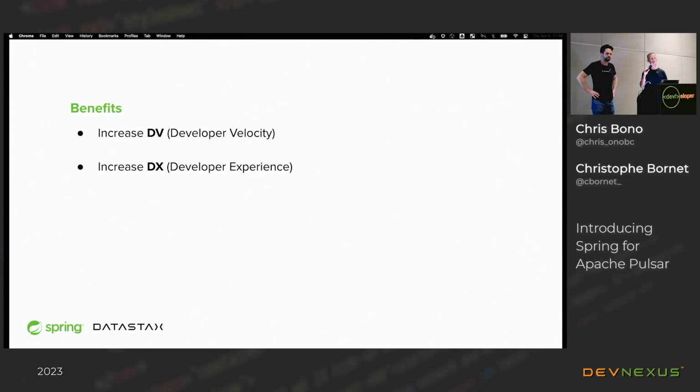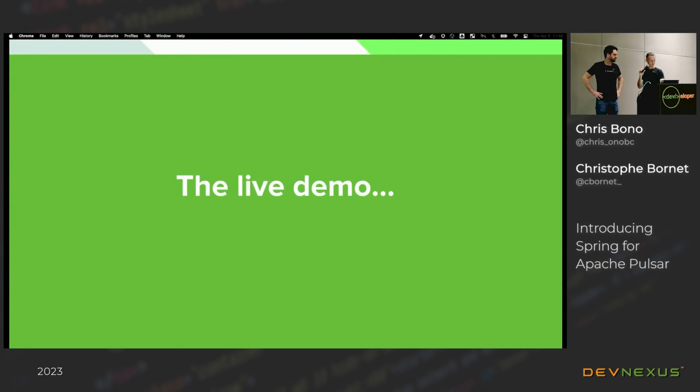Am I happy using this, or do I dread having to open it up again, or am I excited? Because we sit on top of the Spring Boot foundations and Spring in general, there's a huge community of users. We have the auto configuration and the type safe configuration properties. Those types of things, and the consistency, make it worth using, I think.